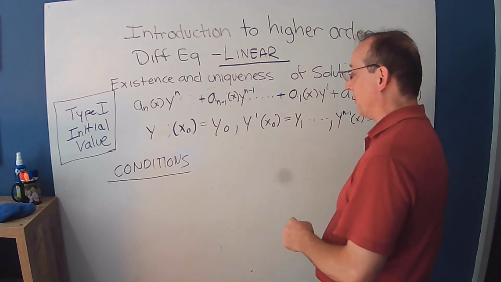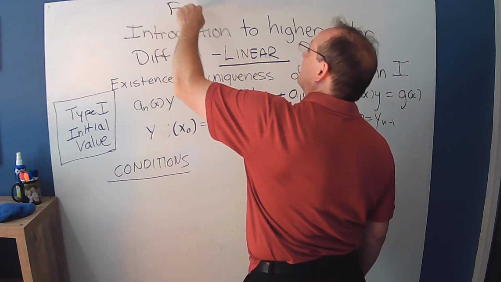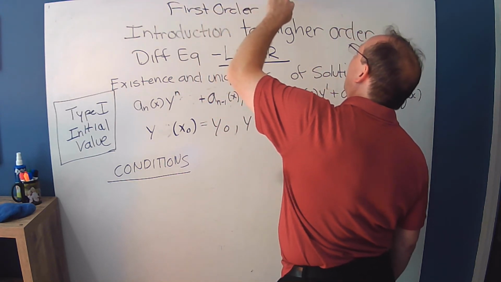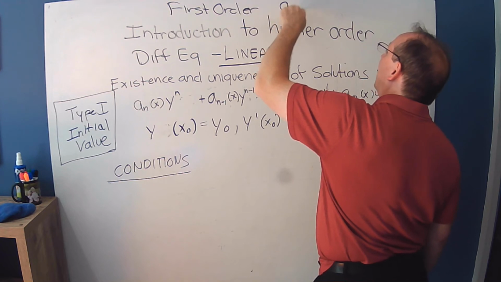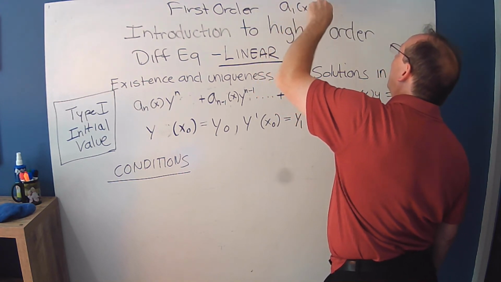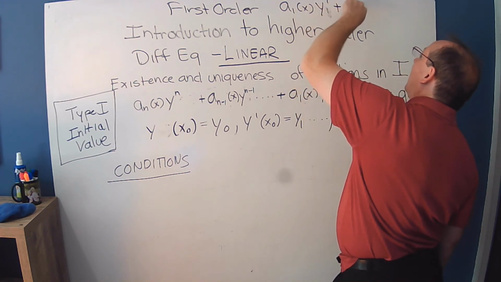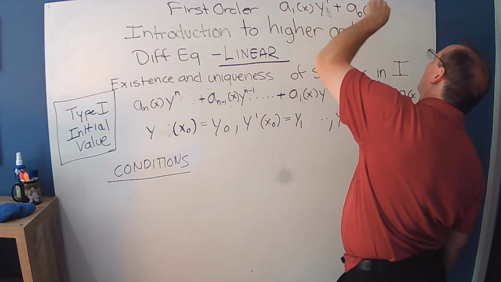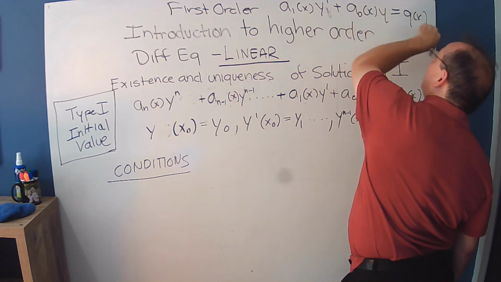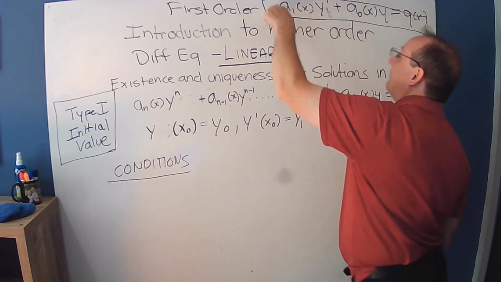First order looked like a1(x) y prime plus a0(x) y equals g(x). This was our first order kind that we looked at.